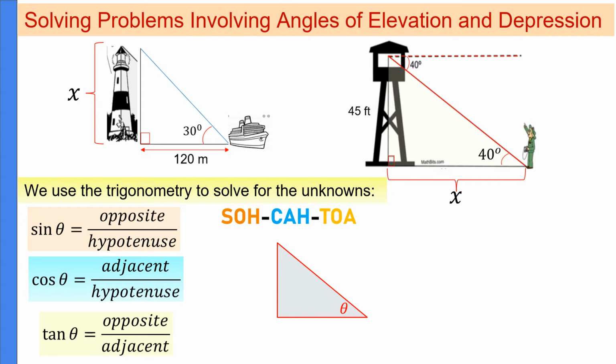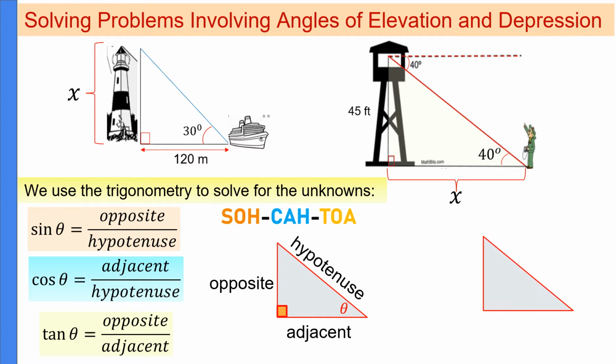So if this is your theta, or your angle, this is the opposite side, and this is the adjacent side. And the side opposite the right angle is the hypotenuse. And if this is your theta, this would be your opposite side, and this would be your adjacent side. And the side opposite your right angle will always be your hypotenuse.